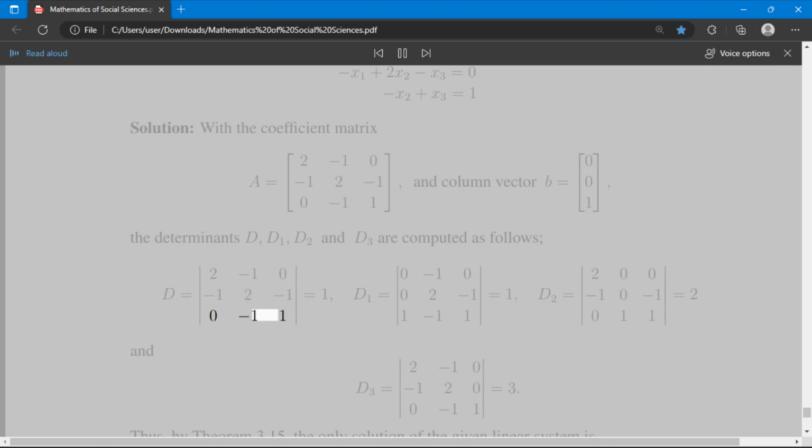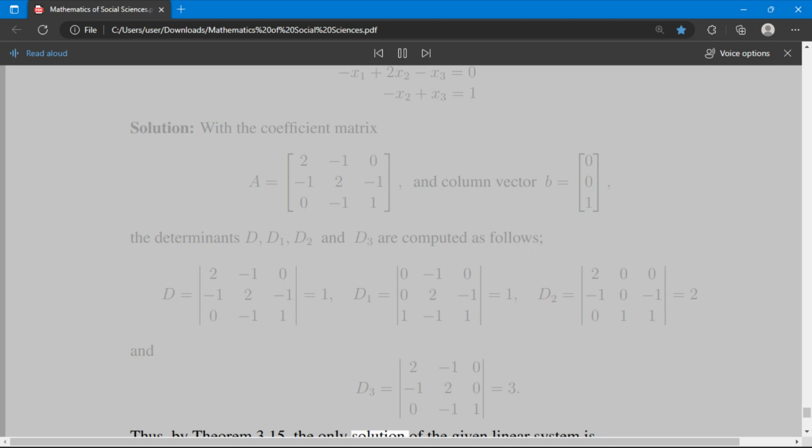D = |2 -1 0; -1 2 -1; 0 -1 1| = 1, D1 = |0 -1 0; 0 2 -1; 1 -1 1| = 1, D2 = |2 0 0; -1 0 -1; 0 1 1| = 2, and D3 = |2 -1 0; -1 2 0; 0 -1 1| = 3.